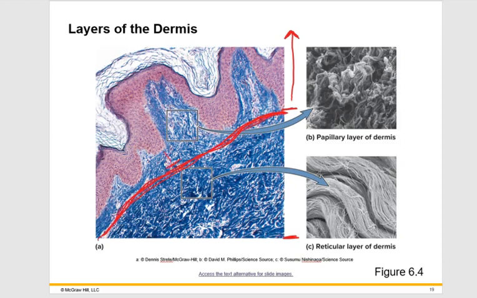Where you have these dermal papillae, this blue area sticking and protruding, pushing out to the epidermis, that is the papillary layer. And then this denser layer that's darker blue, that is the reticular layer.